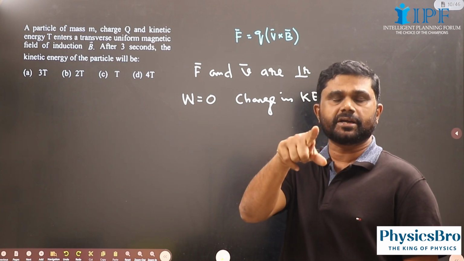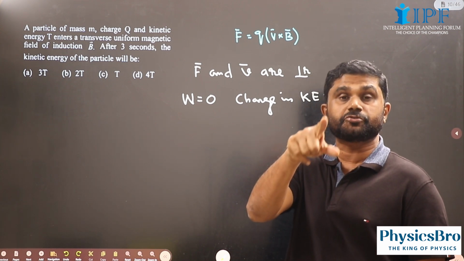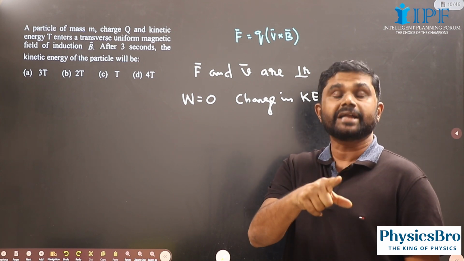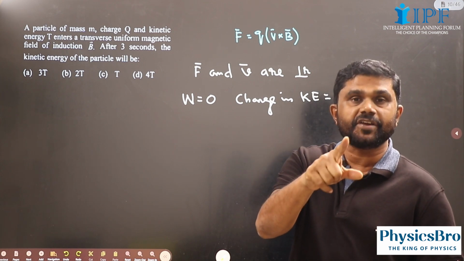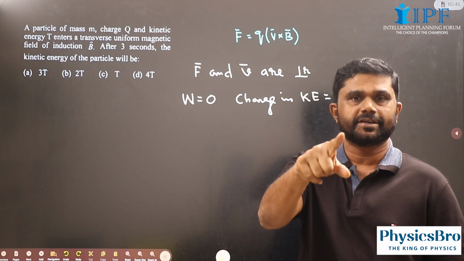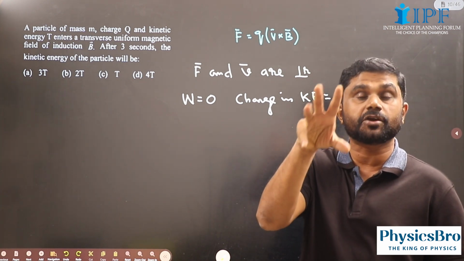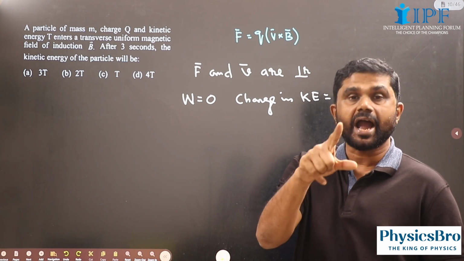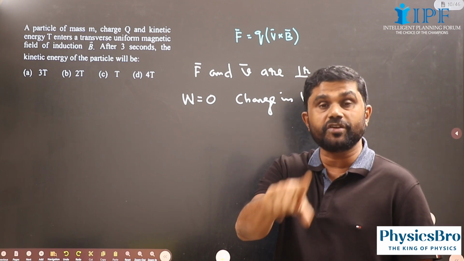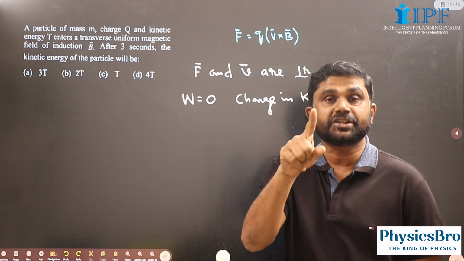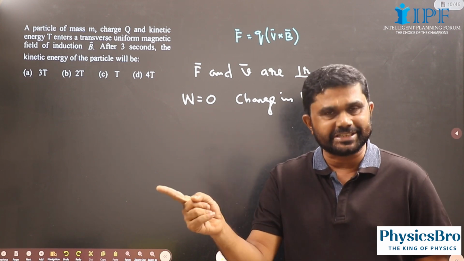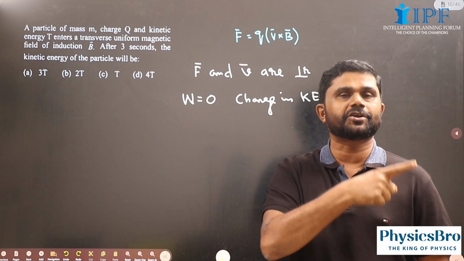See, when a charged particle is projected into a transverse magnetic field, it experiences a force, and that force will be F equals QV cross B, means the force is always perpendicular to velocity. So the power due to that force is 0. As this force and velocity are always perpendicular, and the displacement at any instant will be directed along the velocity, which in turn is perpendicular to force.